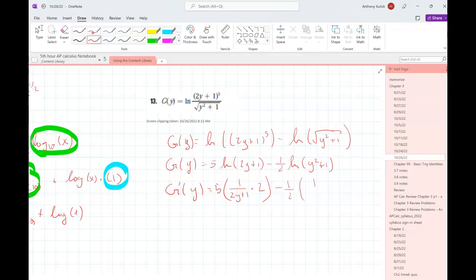And then another chain rule, 1 over the inside times the derivative of the inside. And if I wanted to clean this up a little bit, I could write it like that, but that's probably where I would stop. I wouldn't muck around with making common denominators or anything.